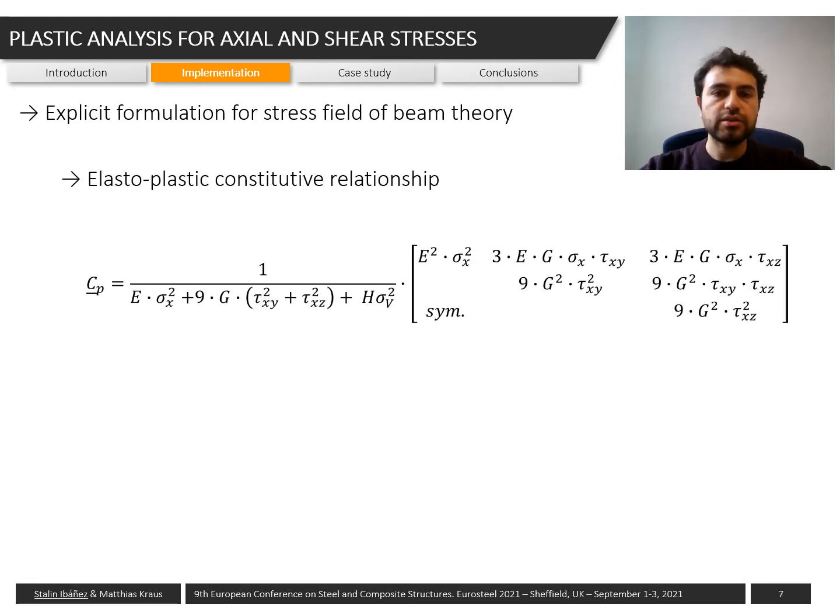Also the elastoplastic constitutive relationship, in which we have the elastic part and we subtract the plastic part. The plastic part is represented by this 3 by 3 matrix in which we have the corresponding components of the beam element stresses. And you can see here how the stresses influence the behavior of this elastoplastic relationship.